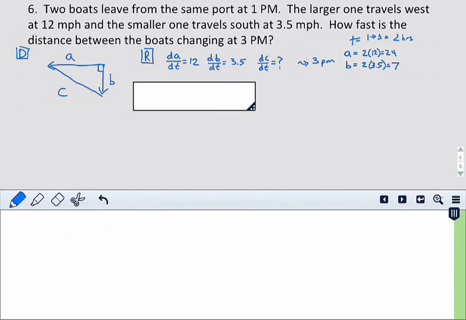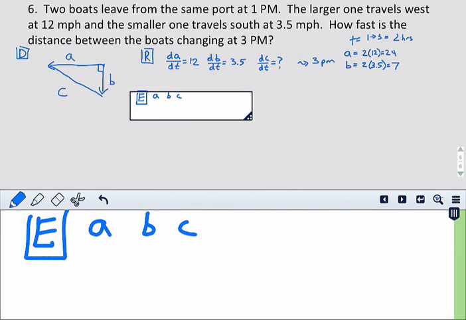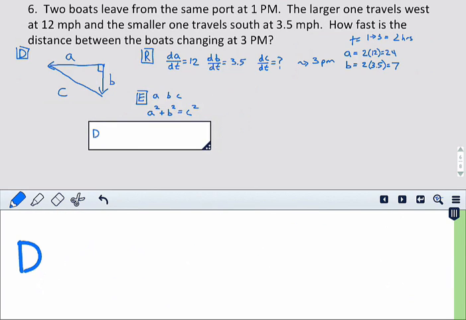All right, next let's go ahead and come up with an equation. And the equation is going to need to have A, B, and C in it. So for a right triangle, what we can do is use the Pythagorean theorem. A squared plus B squared equals C squared. And now let's go ahead and derive this.